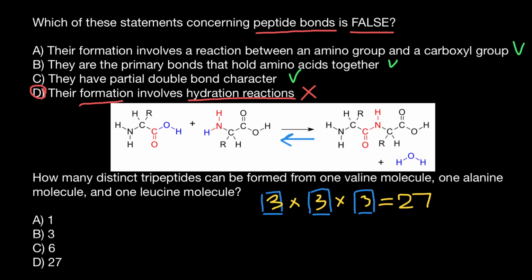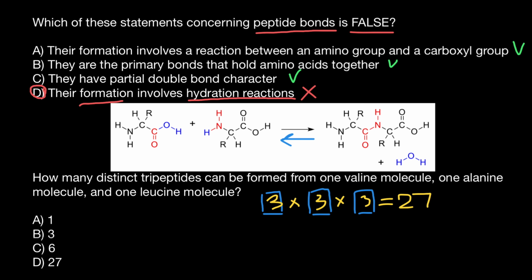Why? Because it can be the true variant if we would have an infinite supply or at least 3 molecules of each amino acid, for example 3 valines and 3 alanines and 3 leucines. Then we can get 27 variants of how we can arrange them in a tripeptide.